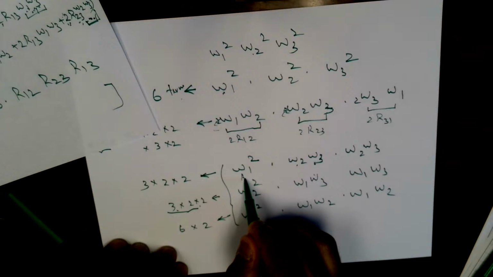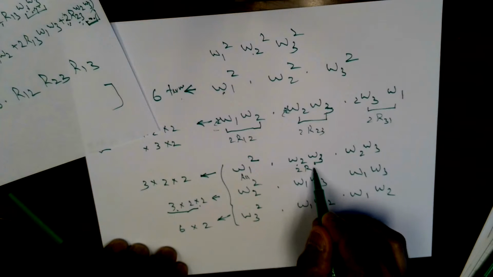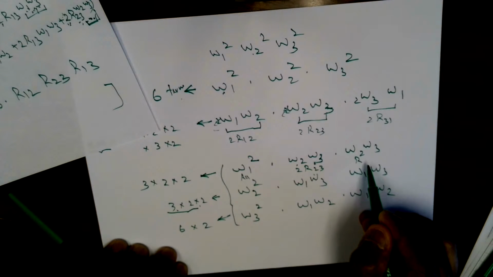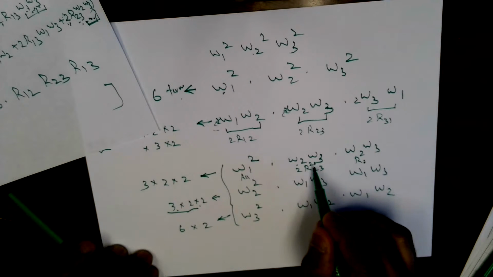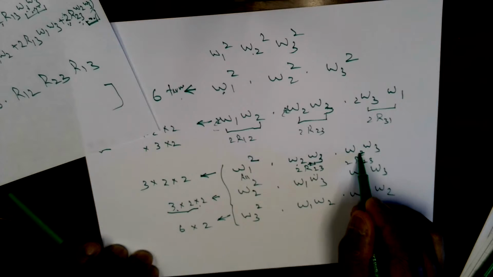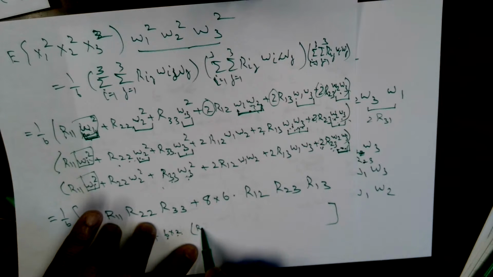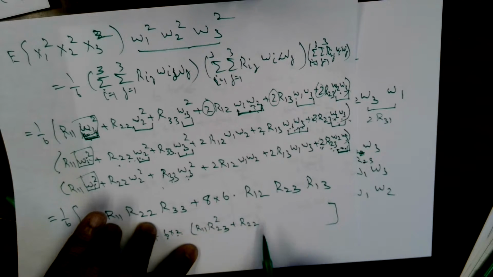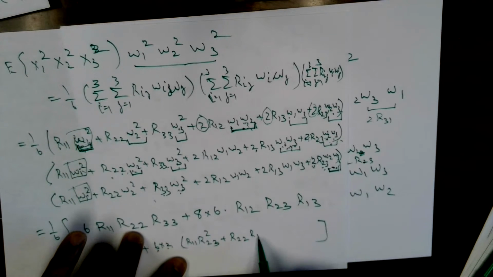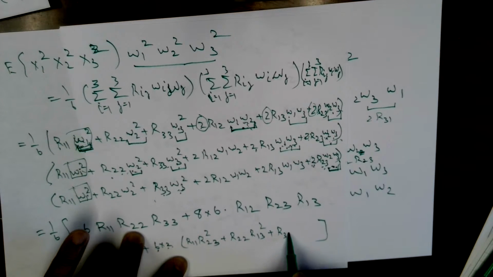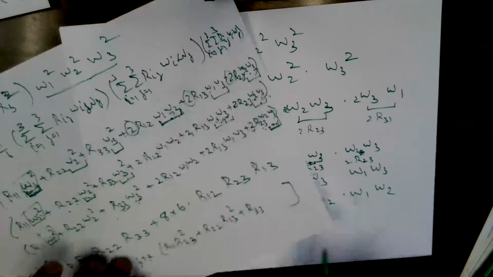So the coefficient, this is R11. This is actually 2 R23, or 2 R23 squared. I took care of the 2 here because this is 2 multiplied by 2 multiplied by 3. So this is R11 R23 squared plus R22 R13 squared plus R33 R12 squared.